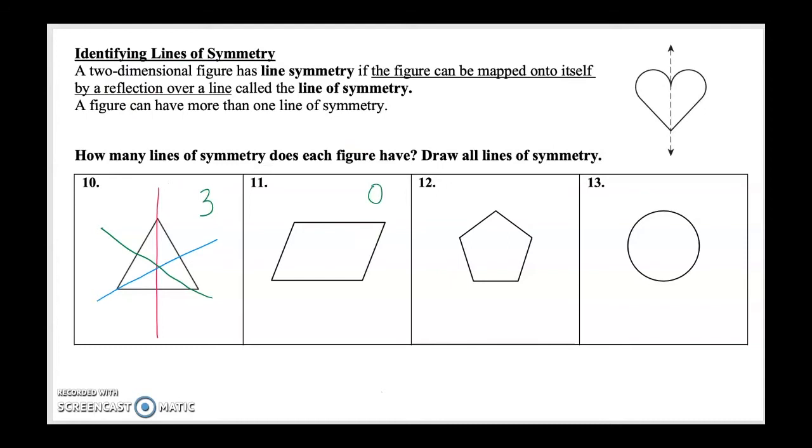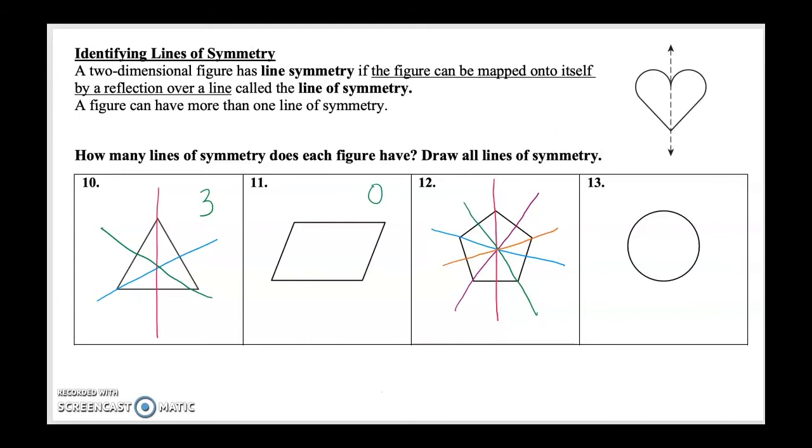Okay, number 12 then. So how many different ways can we essentially cut this in half? So I could go straight down through this way, that would be 1. We could go this direction, 2. So how many do you think there will be total? Let's find out. 3, 4, 5.